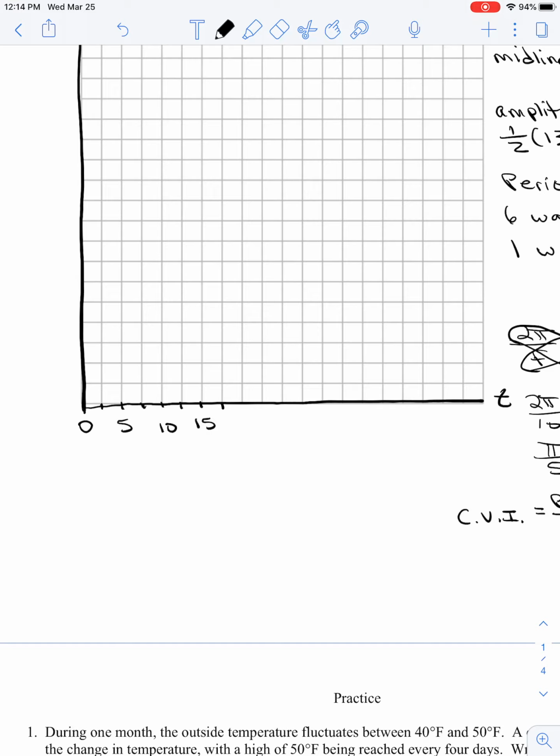You don't have to label every single tick mark with its value, but you should just make sure that each one is going up by 2.5. I'm not going to label every one because it's a little bit small to write here on the iPad. So I'll label every other one, but each one is representing 2.5.